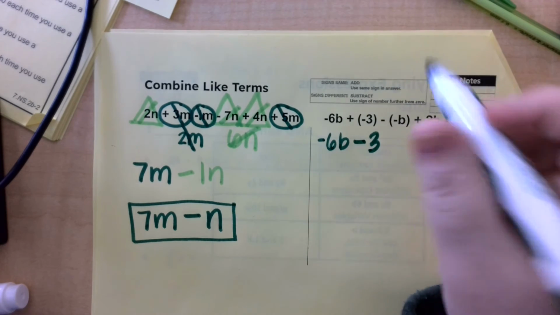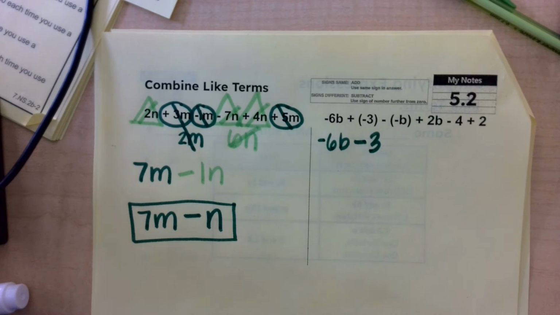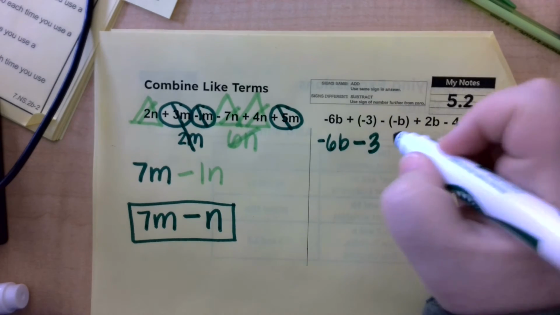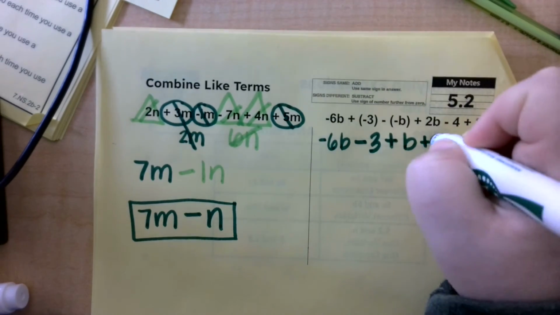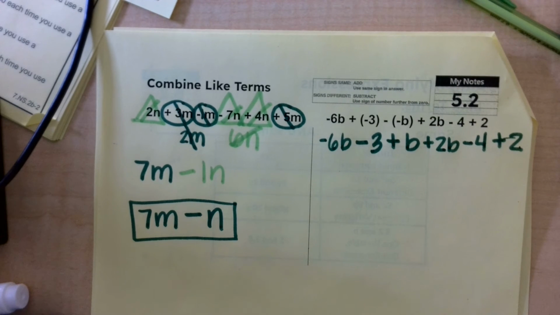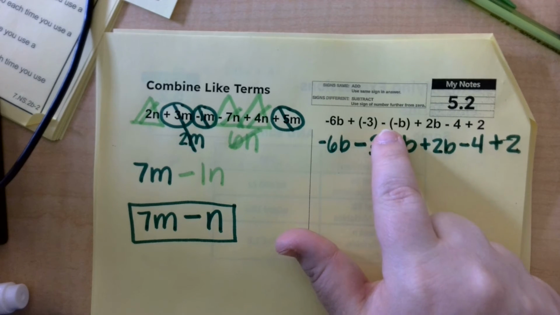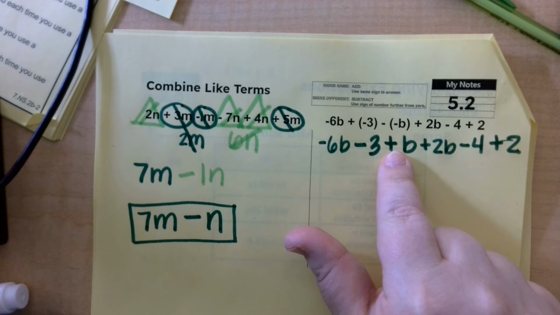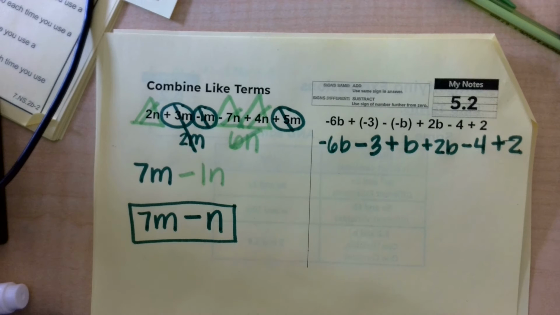Then here I have minus a negative, two negative signs, or a negative and a subtraction, turns to plus b, plus 2b, minus 4, plus 2. All right, so I rewrote this: plus a negative turned into minus, and this minus a negative turned into plus. This is the hardest part that we need to practice, practice, practice.